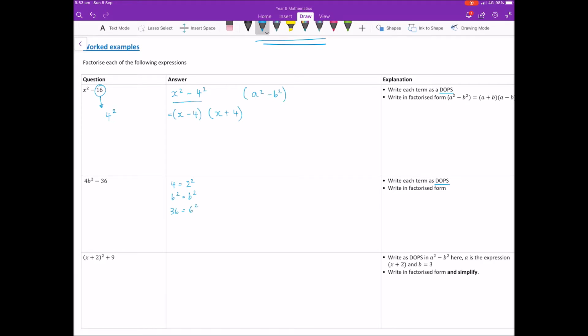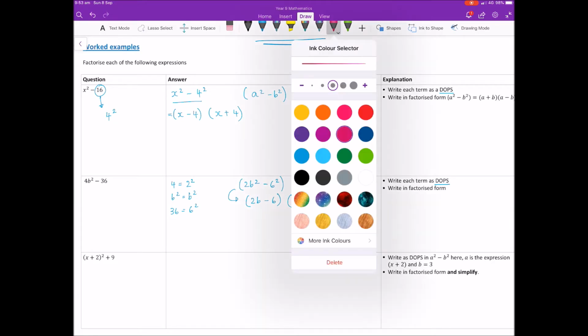Now that we've identified the perfect squares for each, we can rewrite it as 2b squared minus 6 squared. And then in its factorized form, we're going to write 2b minus 6, and then 2b plus 6.